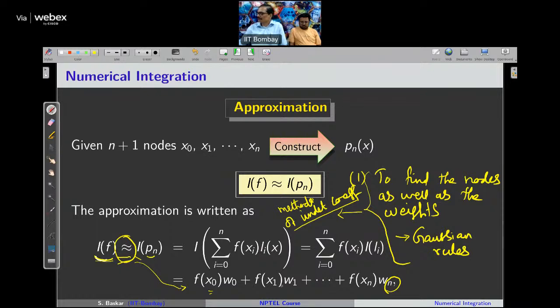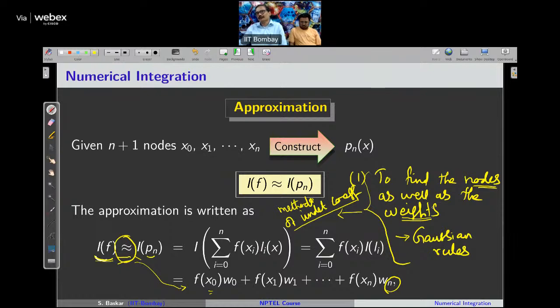Now, if you also make the nodes unknown, then you have to assume that the quadrature formula is exact when the integrand f is a polynomial of degree less than or equal to 2n plus 1, because you have 2n plus 2 unknowns. The nodes are n plus 1 in number, plus the weights which are also n plus 1 in number.